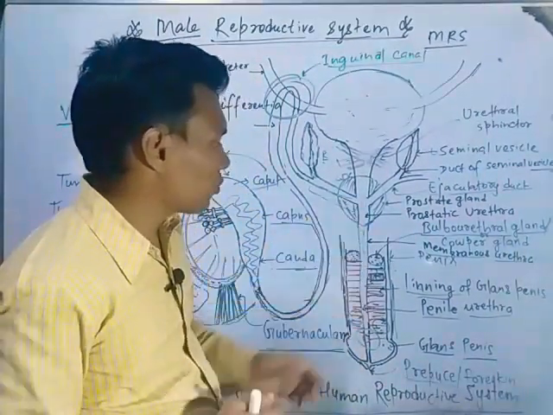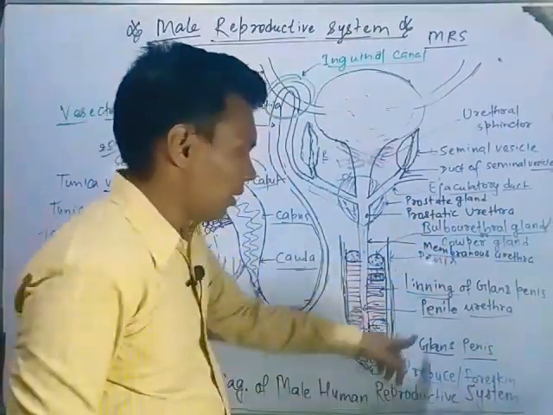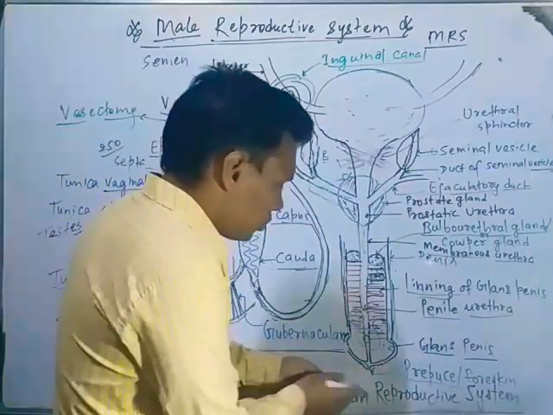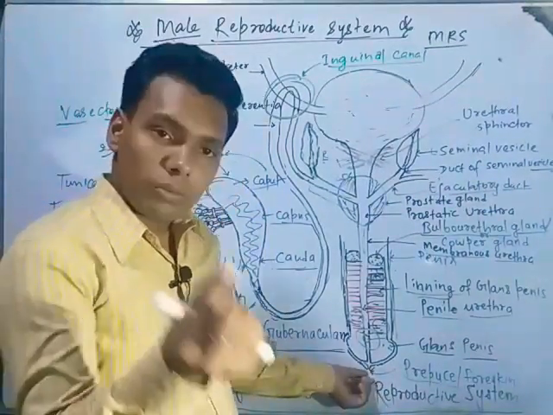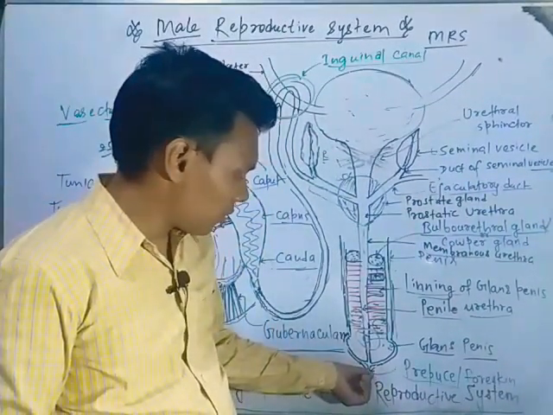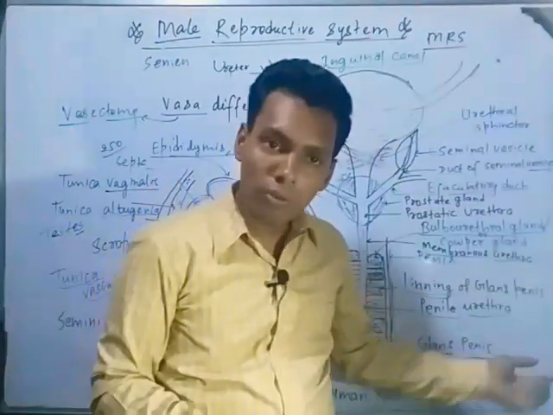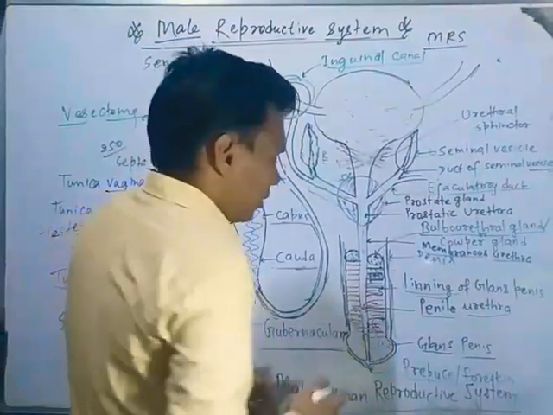There are three types of urethra: prostatic urethra, membranous urethra and penile urethra. The penile urethra is present on the penis. The thin skin-like structure that closes the urethral site is called the prepuce or foreskin.